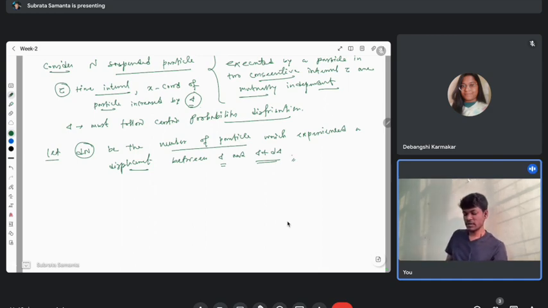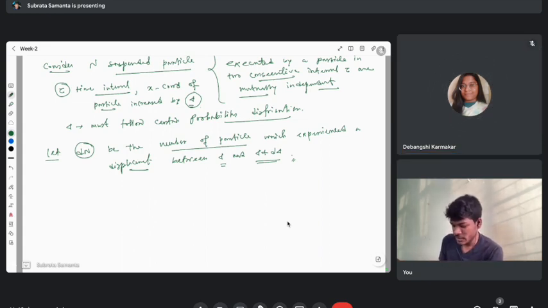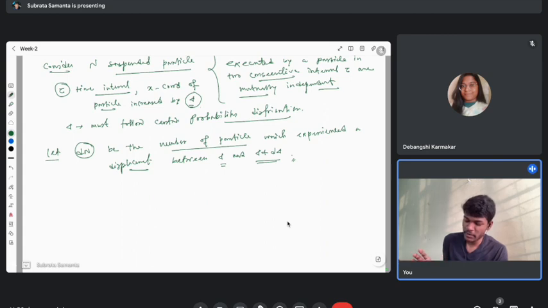Okay, so this point is clear. I think this point you must understand, otherwise we can discuss again. So let's consider a time interval tau equal to 30 seconds.